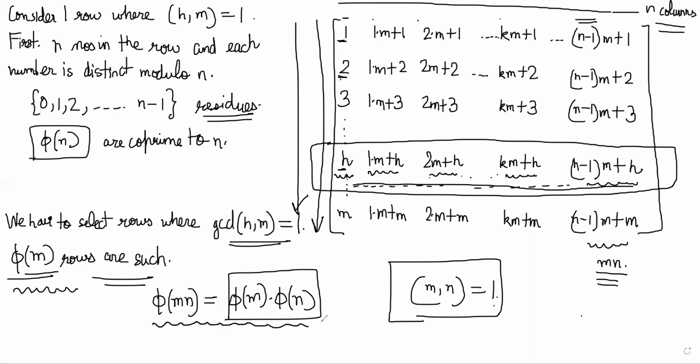Once we have this proof, any number that you give me, I will be able to find the phi totient function for it, the number of numbers co-prime to it less than it. If I say 24, this is equal to 2 cube into 3 power 1, and 2 cube and 3 power 1 are co-prime to each other.